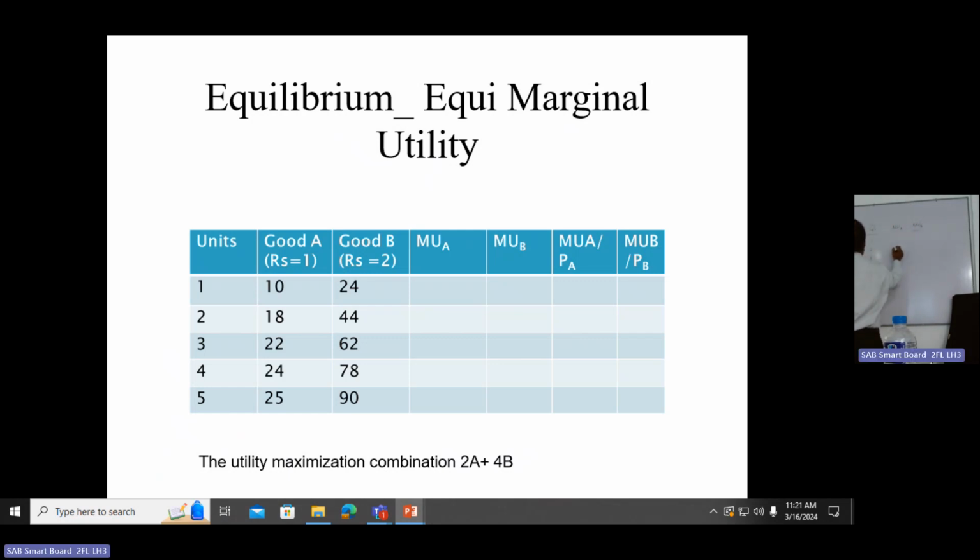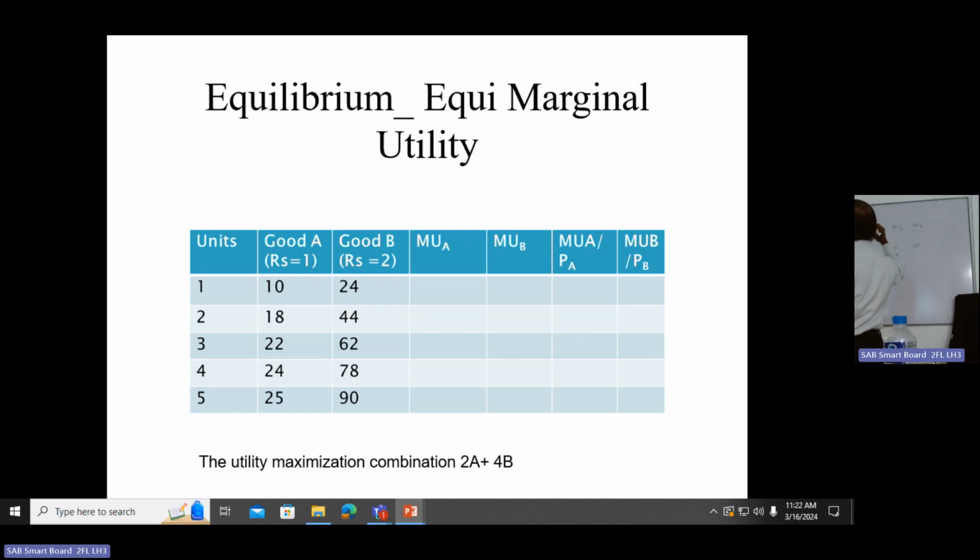What is the marginal utility here? 8, 4, 1. Now MUB: 44 minus 20 divided by 1, that means 20.